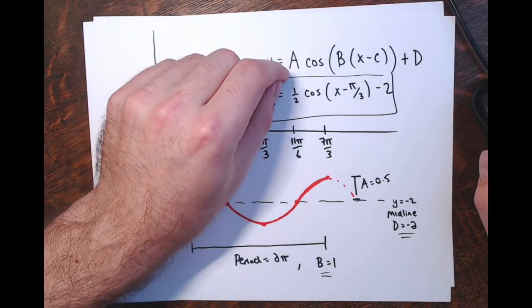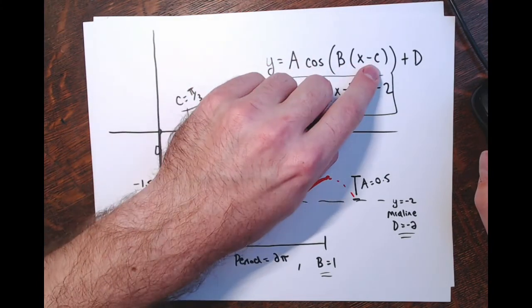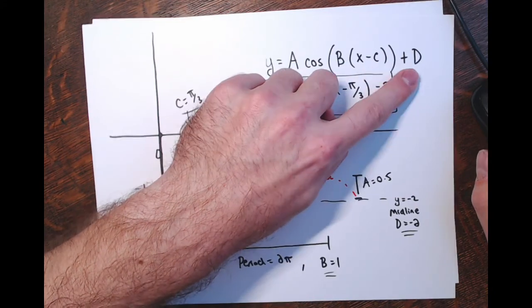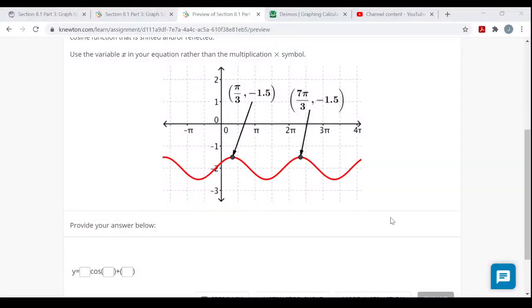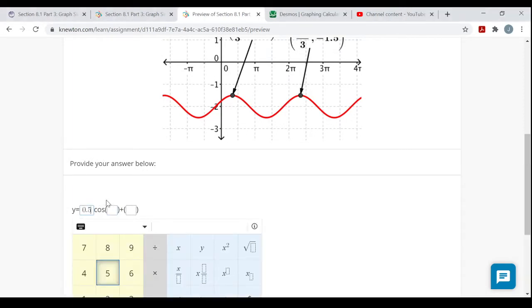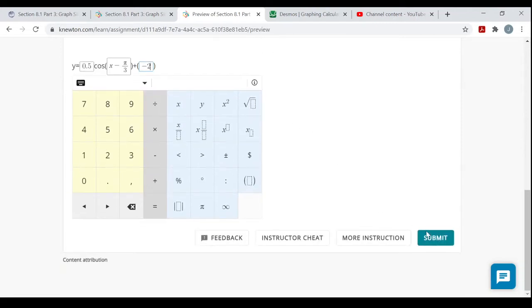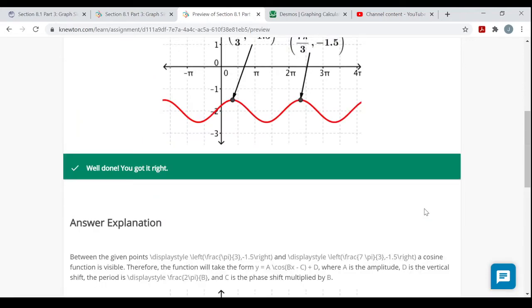The amplitude, and if it's flipped, the period to help you find that b, where you're starting the first cycle from for the c, and then the midline for the d. So this was 0.5 times the cosine of x minus pi over 3, and then afterwards plus negative 2. The midline was at negative 2. So plus negative 2. It looks funny, but that's the correct entry.